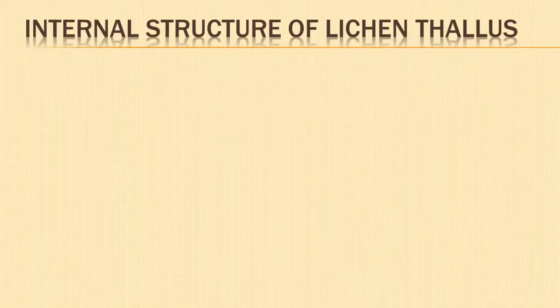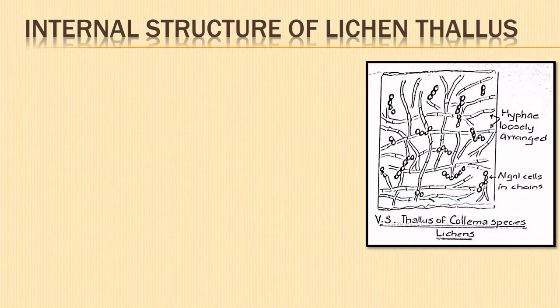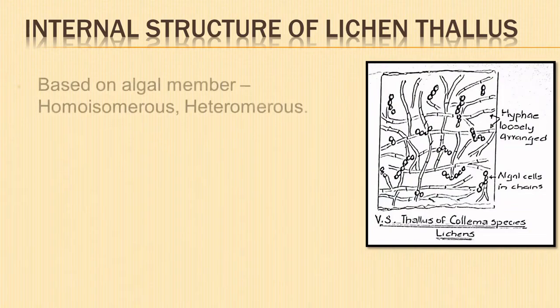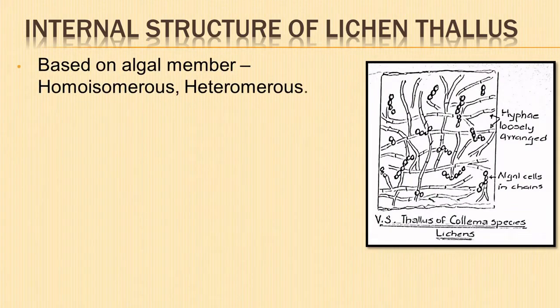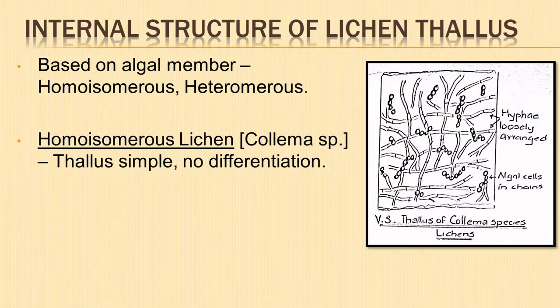Let us look into the internal structure of lichen thallus. Based on the distribution of algal member inside the thallus, the lichens are divided into two groups, namely homoiomerous and heteromerous lichens. Structure of homoiomerous lichen thallus.